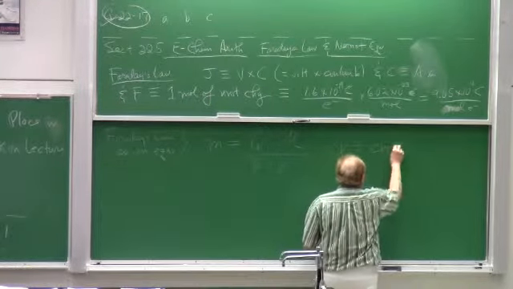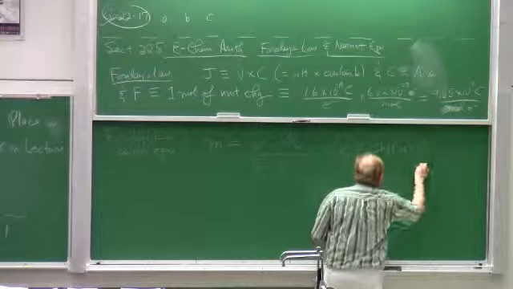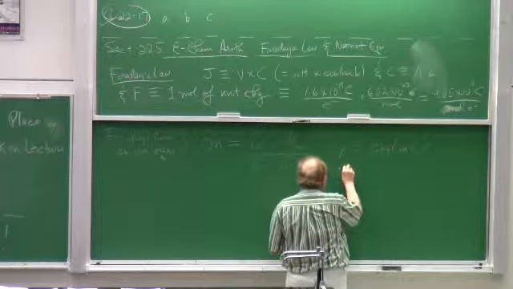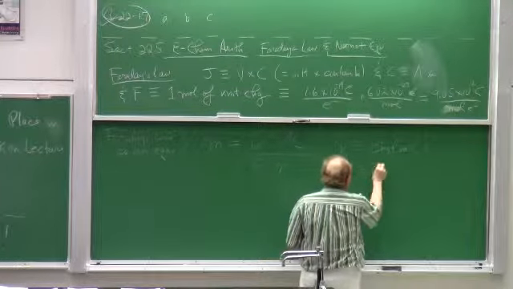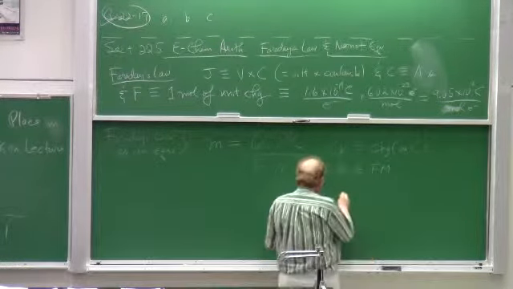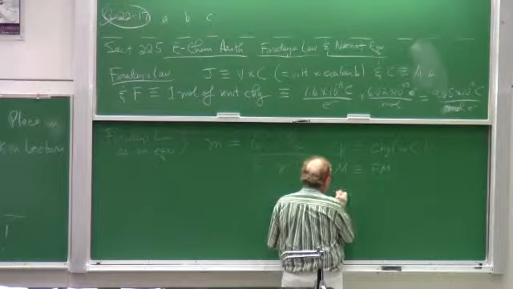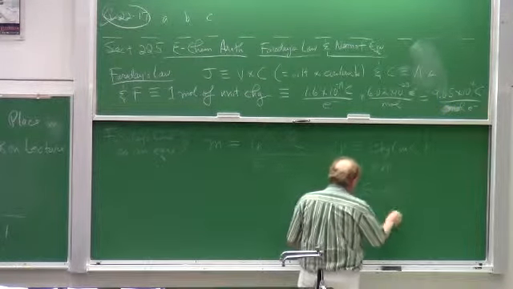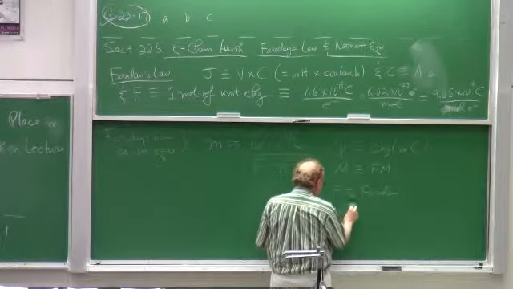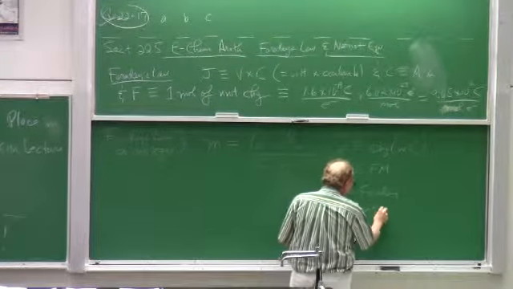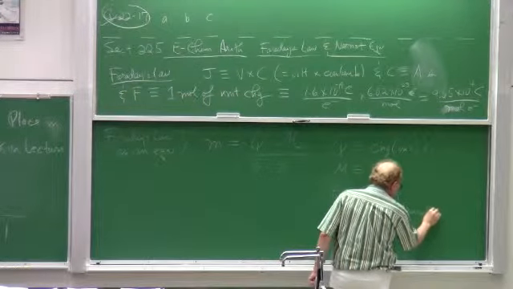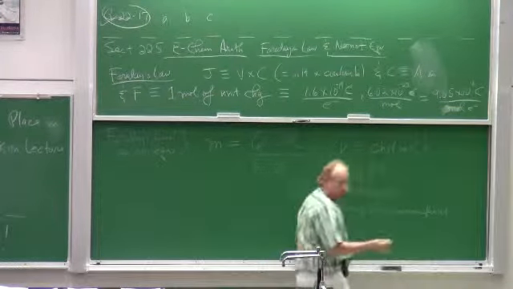Okay? So just to be sure, we'll write this over here. Q is charge in units of coulombs. M is formula mass. F is the Faraday. N is moles of electrons transferred or required, whatever.